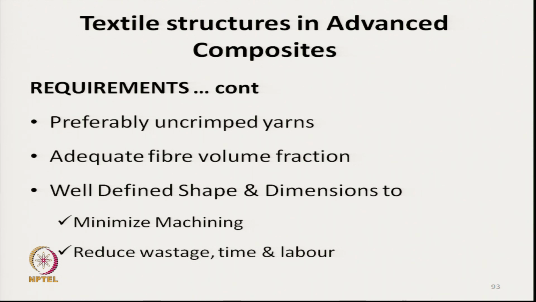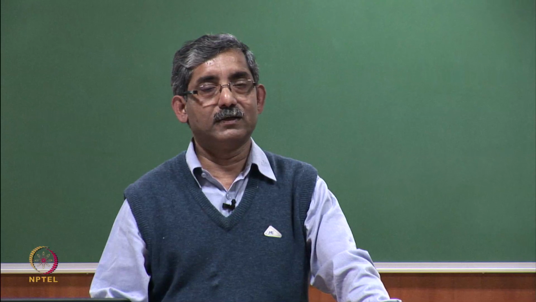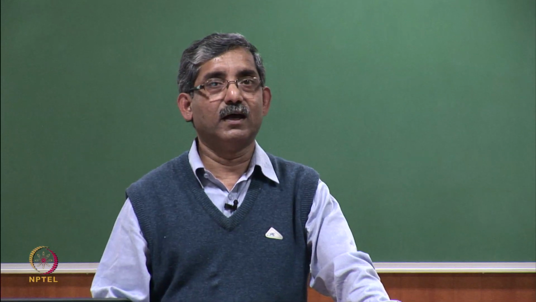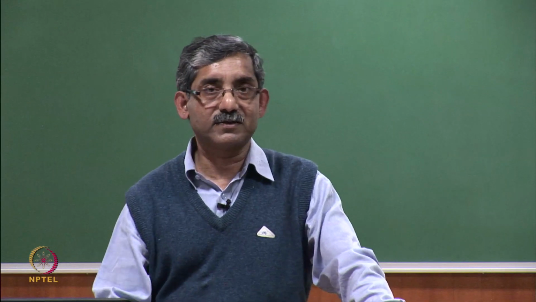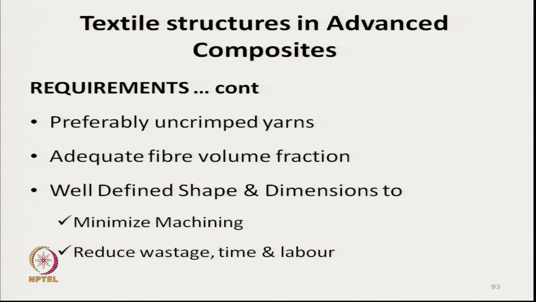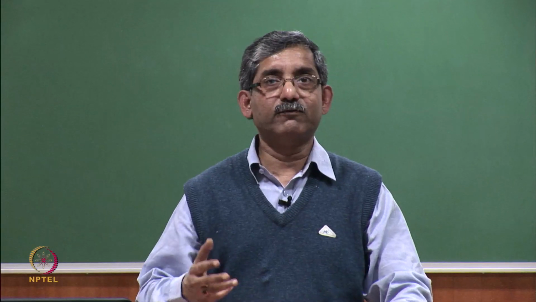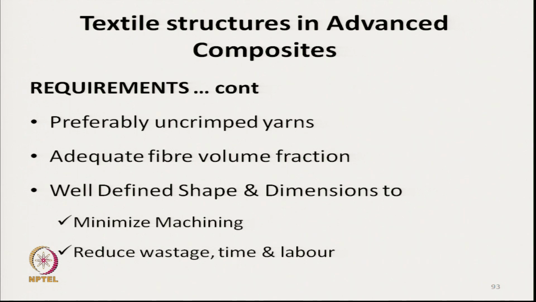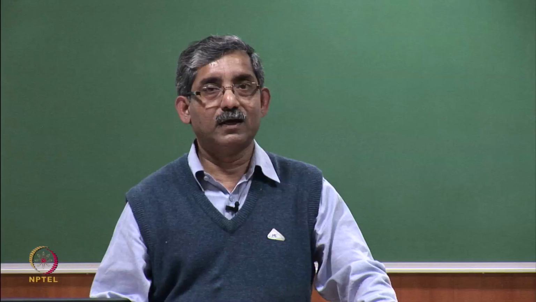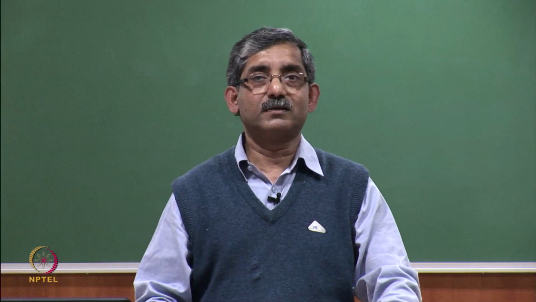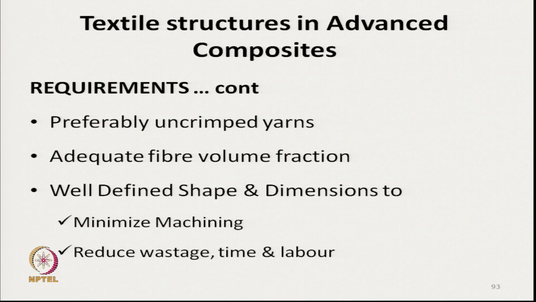So, higher fiber volume fraction is required for higher strength and flexural characteristics, and a composite with well defined shape and dimensions is important, so that machining is minimized, wastage is reduced, and it is produced with lower labor requirement and less time.